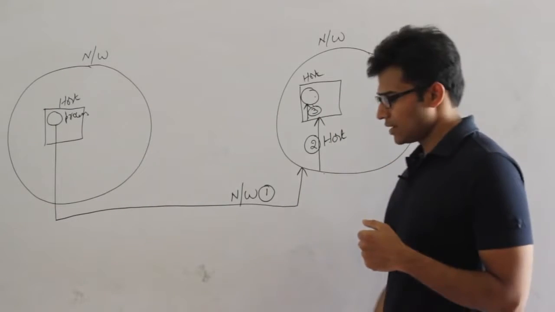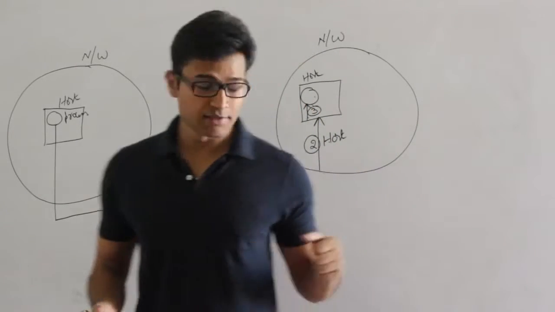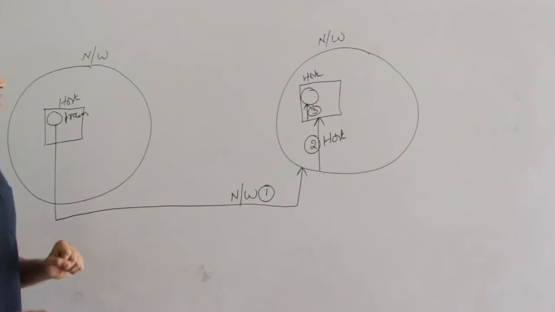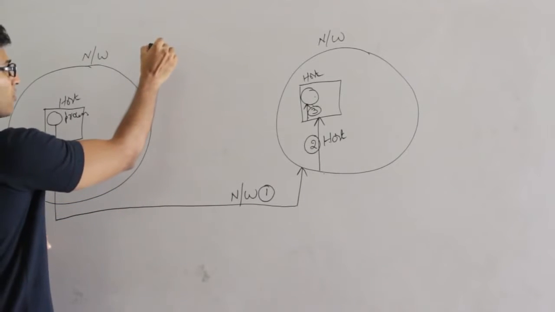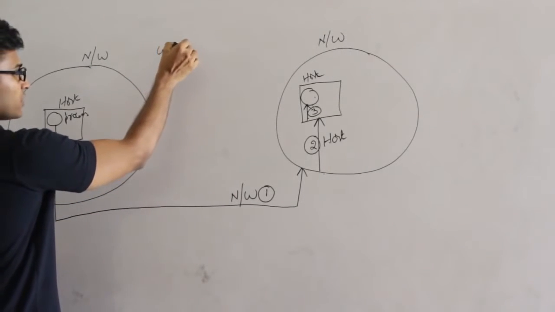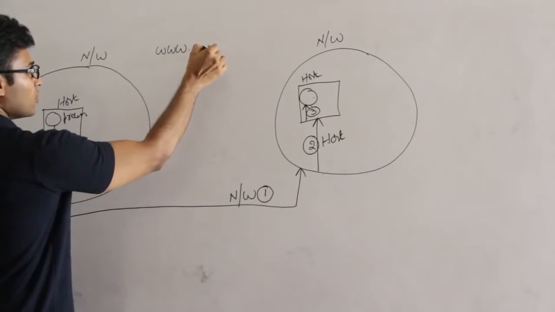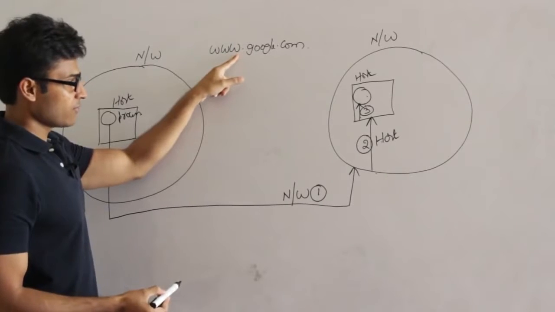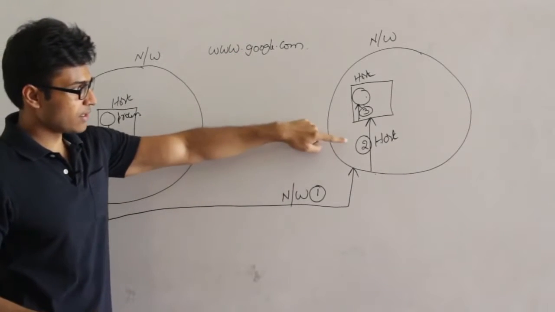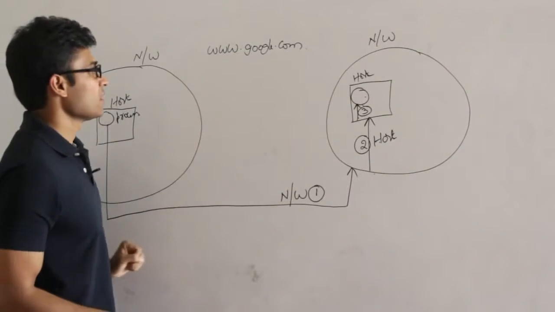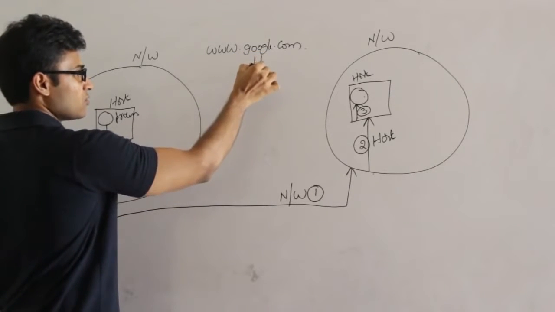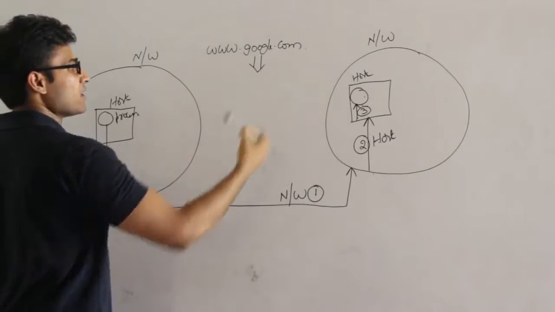So in order to identify the destination network and destination host, you have actually given only www.google.com, the domain name, right? So you gave only this, and now using this domain name, we have to identify the network and then the host and then the process, right? So somehow we have to convert this domain name into some numbers so that it can be identified.